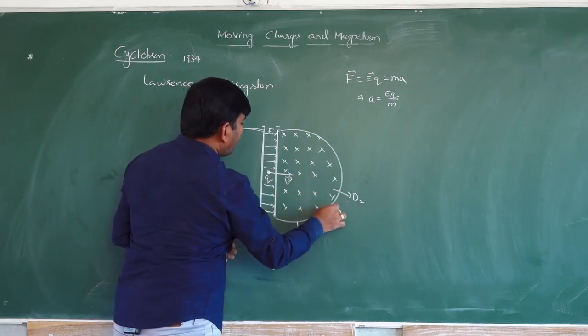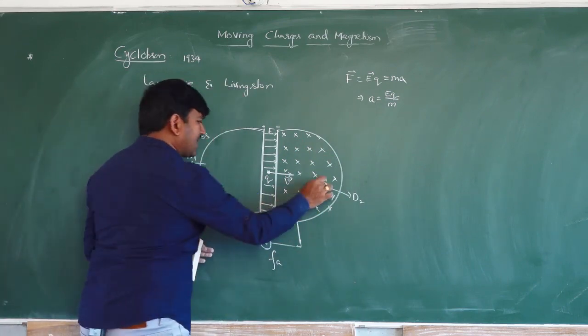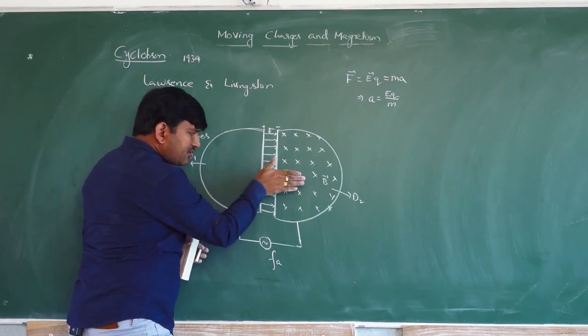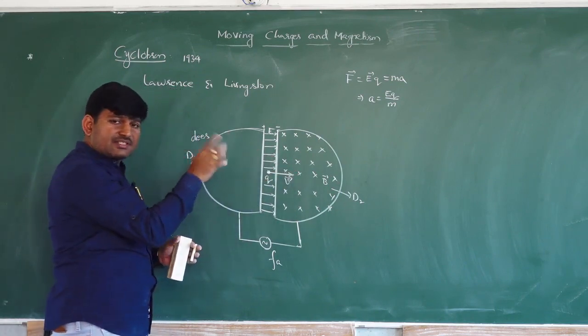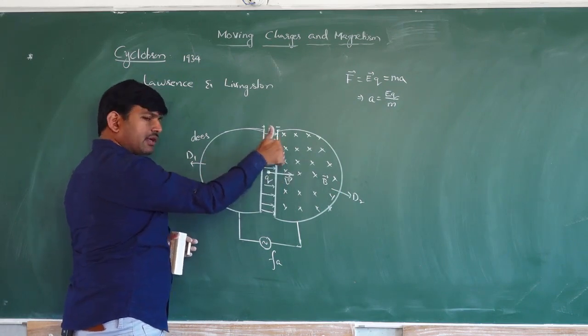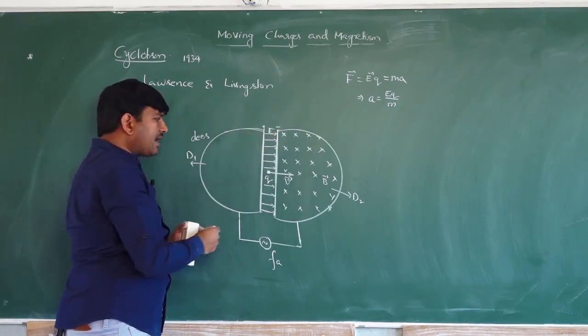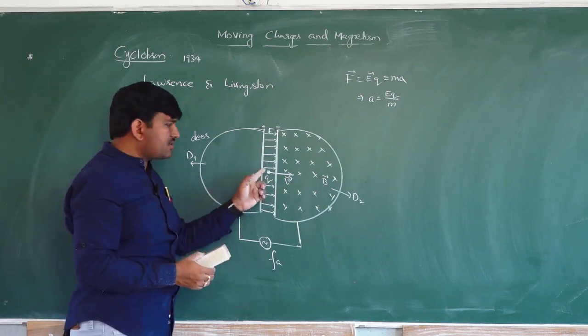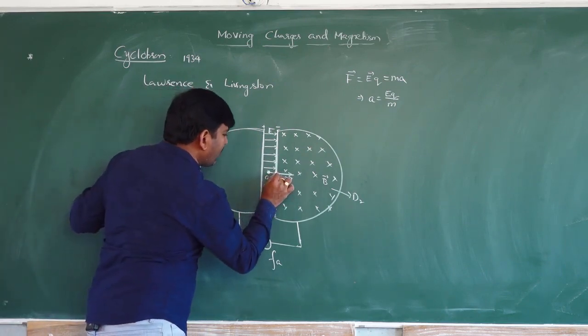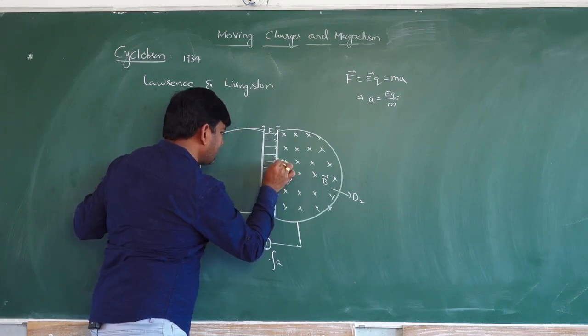Previously I told you that whenever a charged particle enters a perpendicular magnetic field, it has to follow a circular path. The velocity direction is like this, the magnetic field is into the board, therefore it moves upward and follows a circle like this and comes around like this.